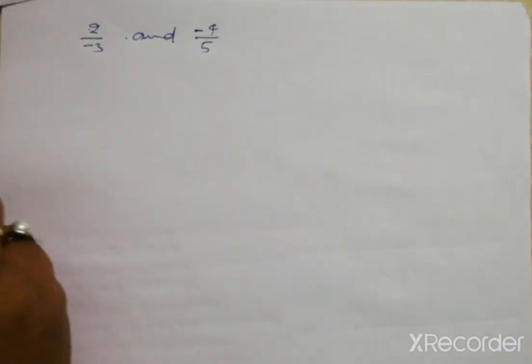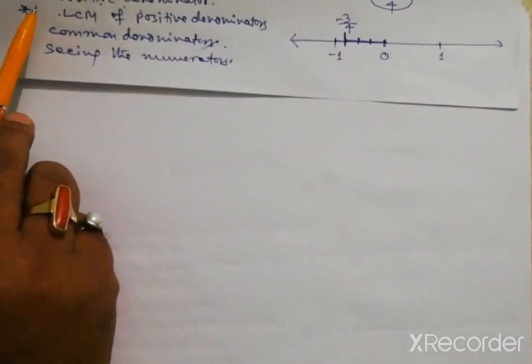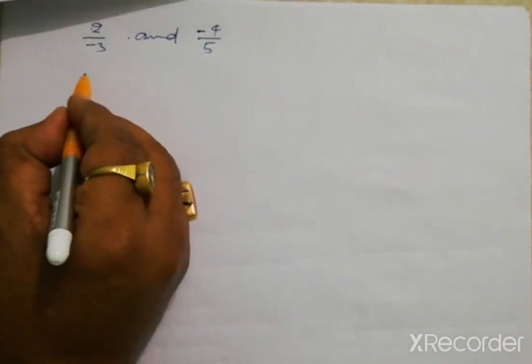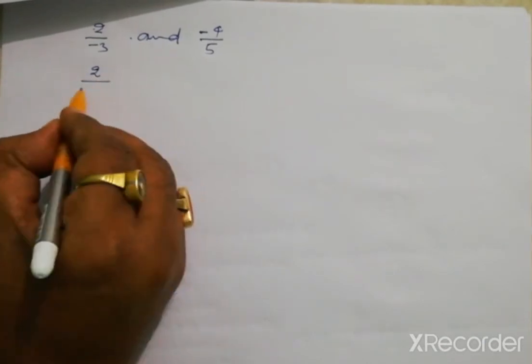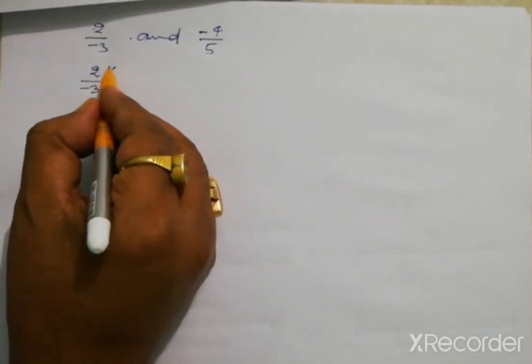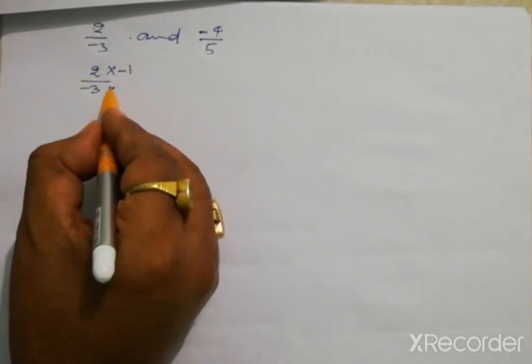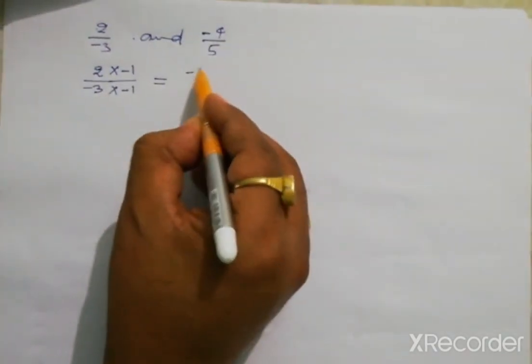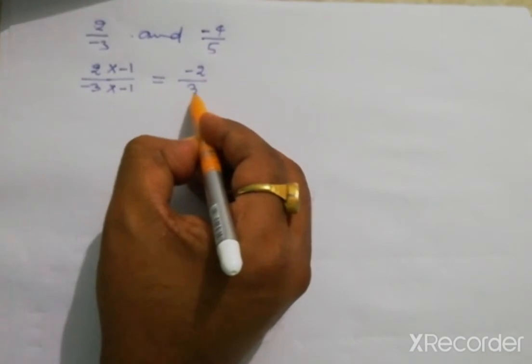The first point is we have to convert denominators to positive denominators. So how will you convert? 2 by minus 3 will be converted to positive if you multiply by minus 1. It will be minus 2 by 3.